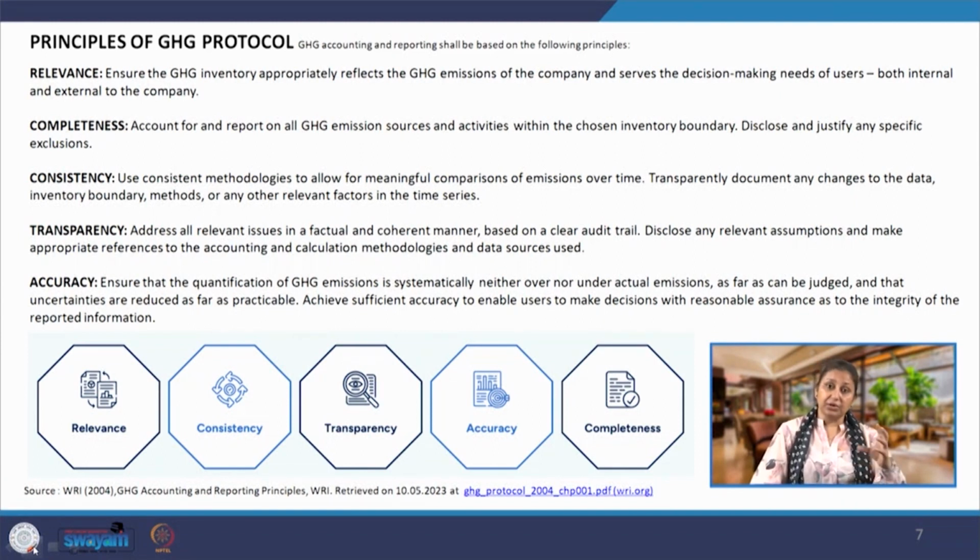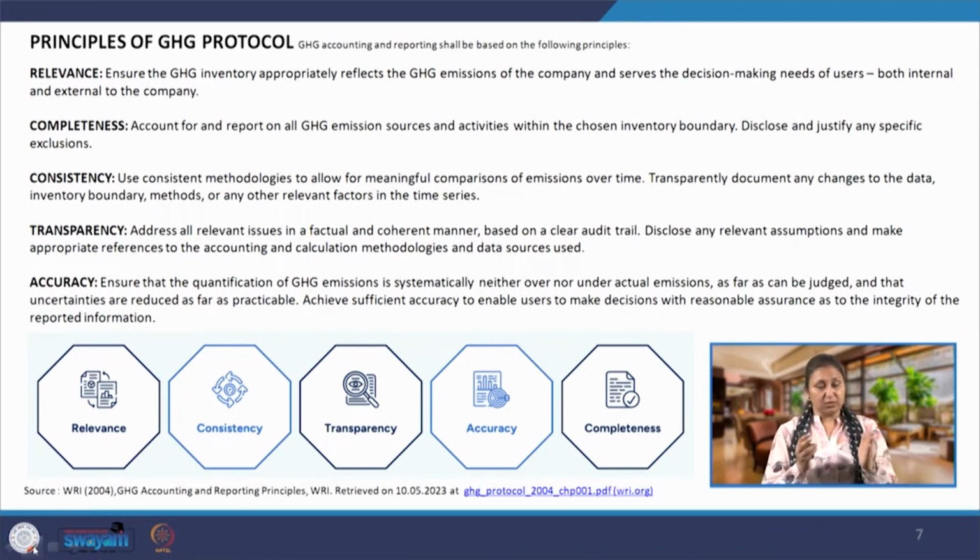Now, there could be certain scenarios where the company is wanting to have a lesser number reported. In that case, we really have to work towards reducing the emissions and not just omit certain activities from the calculation and have some wrong numbers reported, or maybe the other way around, it could also be a higher number reported for some reason.